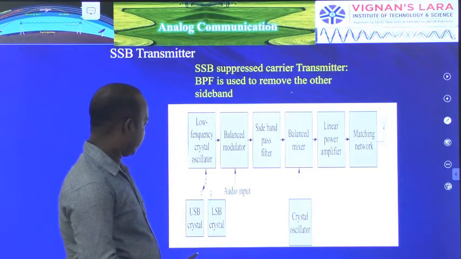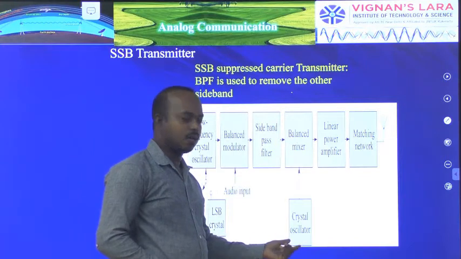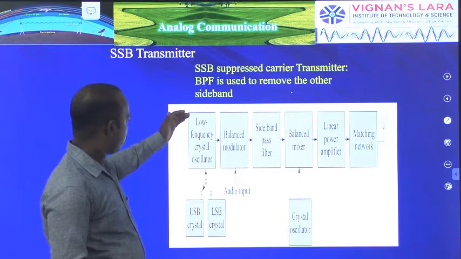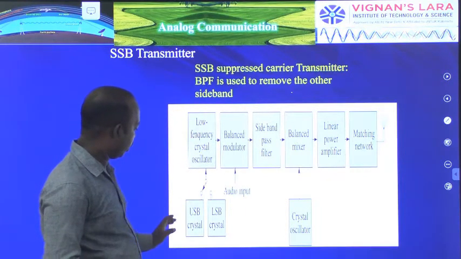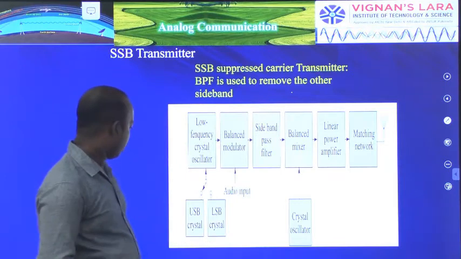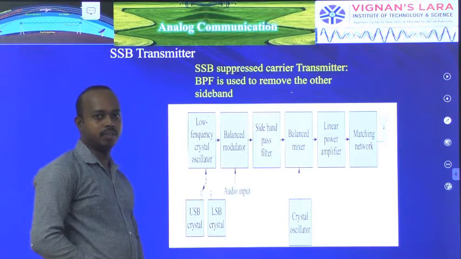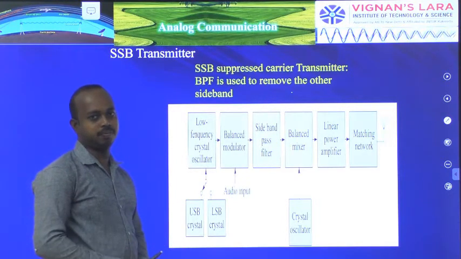For the carrier we are using a crystal oscillator, and for the modulating signal we are using the low frequency crystal oscillator. It is connecting to the two bands. One is an upper side band and the second one is a lower side band. Whichever band you need, only that band you have to connect here.